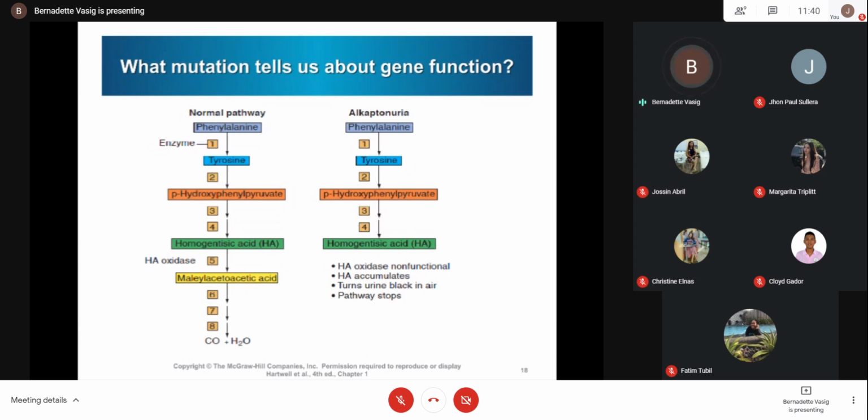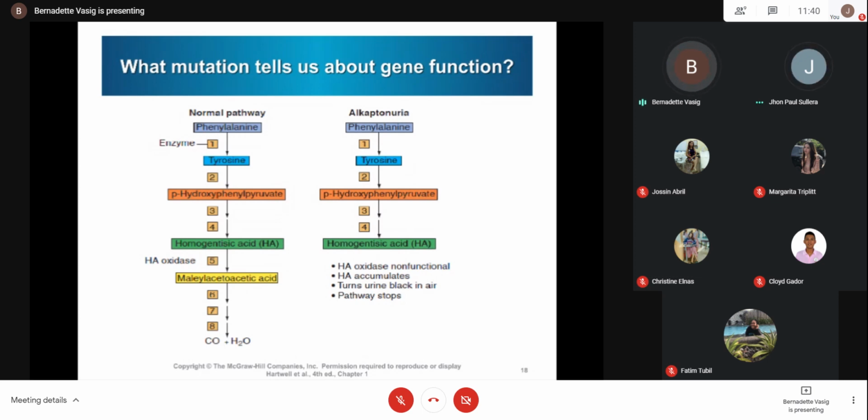Therefore, this homogentisic acid or HA accumulates. What do you think is the function of HA oxidase? Oxidizes the homogentisic acid. Okay? And so, after it oxidizes homogentisic acid, what happens?